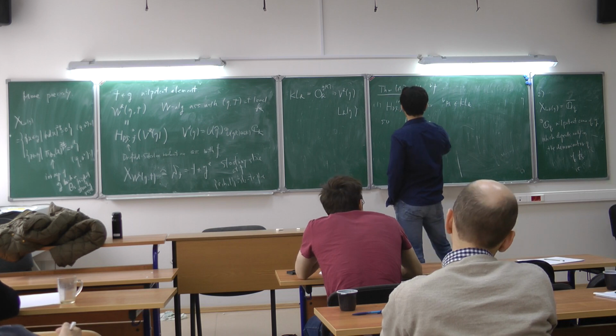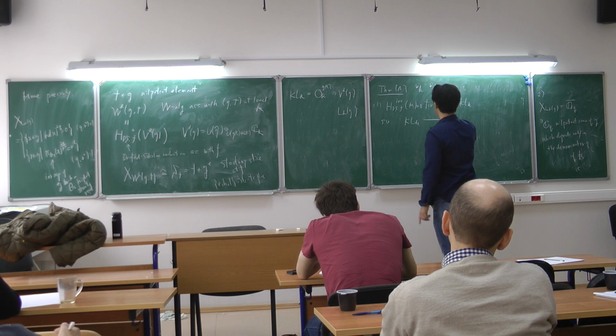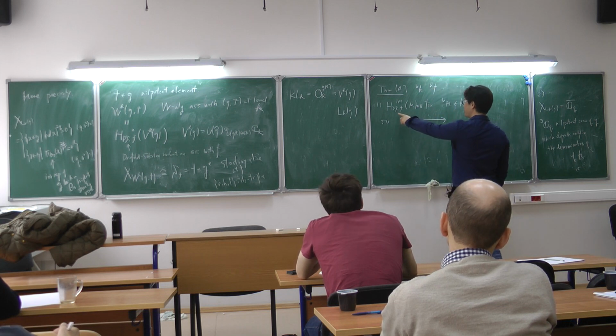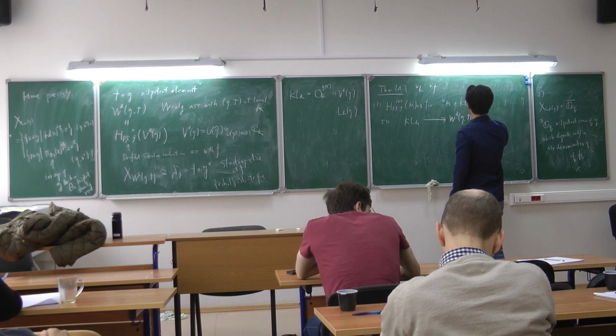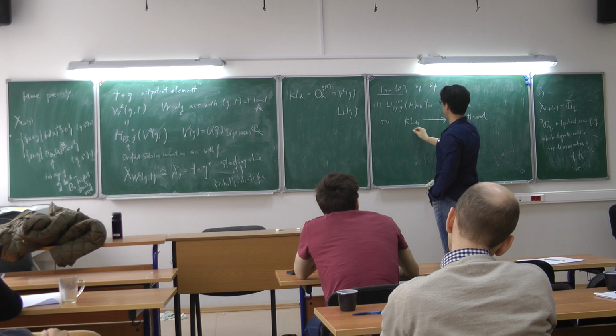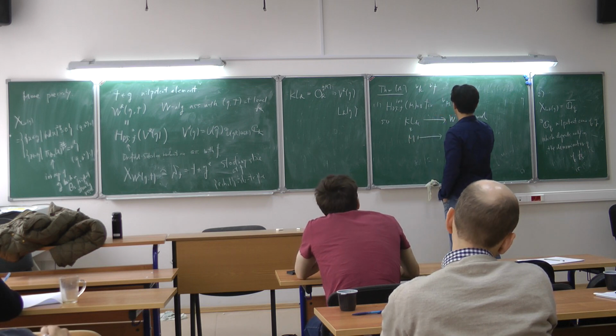I forgot to say, you can define Drinfeld-Sokolov reduction for modules, and this gives a functor from the category of g hat modules to the category of modules of a W-algebra. And if you restrict this functor to this Kazhdan-Lusztig category, this is exact. So this is a very nice functor.